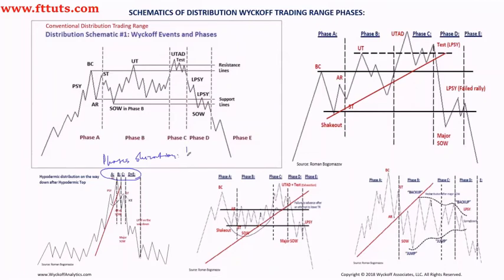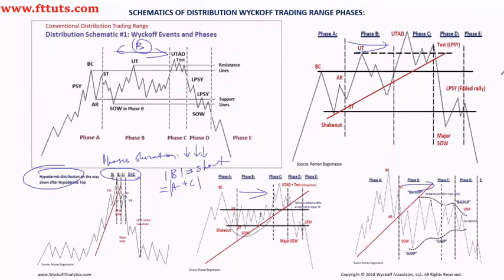So our phase B is going to be short, and it's going to be in line with phase A and phase C. Usually we would like to see phase B as one of the biggest phases, right? Look at all of the schematics. Phase B is quite substantial. But in the case of the hypodermic distribution, this is where there's going to be a collapse in duration for the phases.